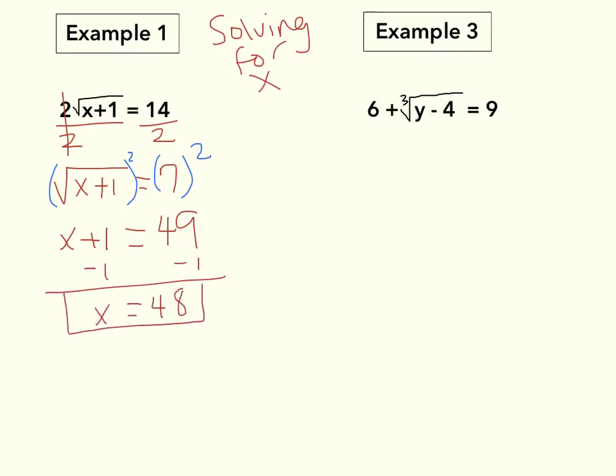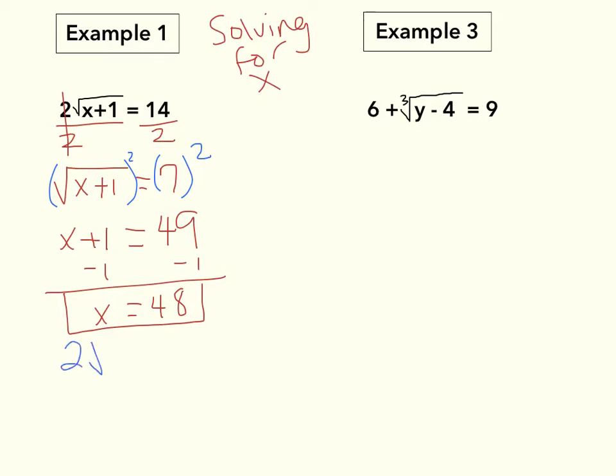Now before, on the other example on the last slide that I showed you, the graphs intersected. So if we were to graph 2 square root of x plus 1, it should intersect with the graph of y equals 14. And so we want to check that algebraically by plugging whatever we got for x, in this case 48, back into the x of the original equation to make sure that it's right.